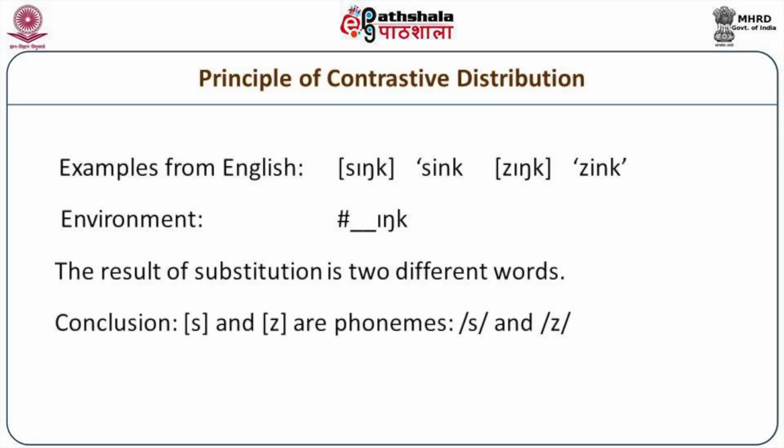Now if we substitute one of the sounds in place of the other, that is, s in place of z and vice versa, then the meaning of the word changes, which means that the two sounds are in contrastive distribution. Identical environments and change of meaning, and then the two sounds are phonemes. This is how the principle of contrastive distribution works.